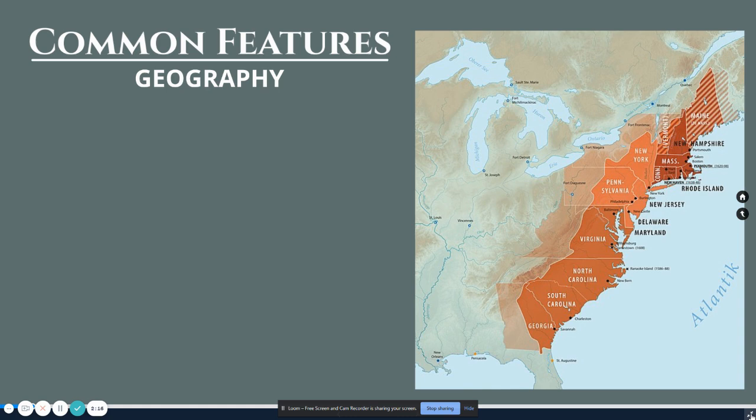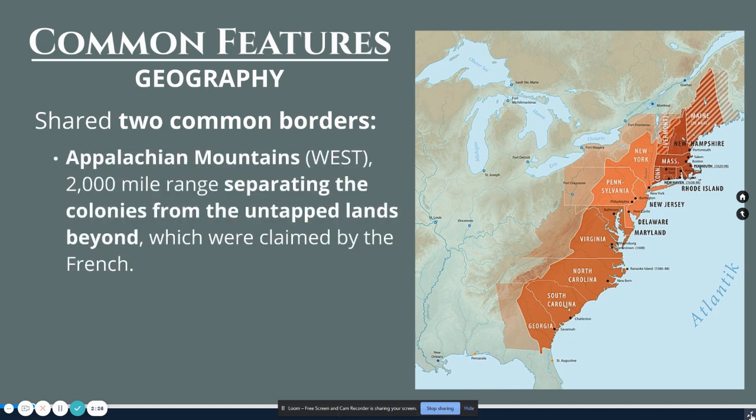really begin with geography. There are really only two common features, geographically speaking, that unite and link all of them together. The first of those two common borders is the Appalachian Mountains, spanning the western extent of these colonies, really kind of shaving off the classic modern border into what we see here along this long 2,000-mile strip.